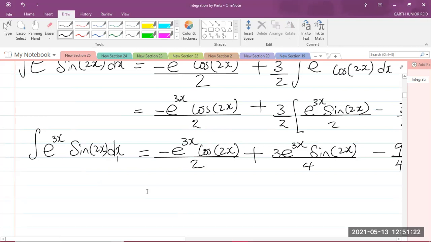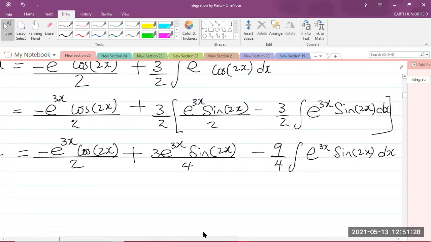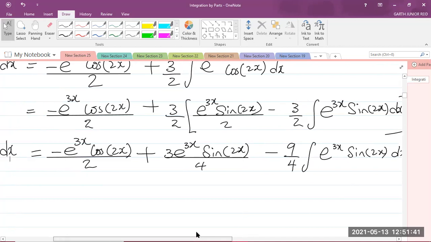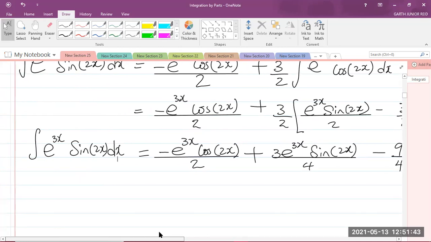Okay? Now, let us do some observation. On the left-hand side, we have the integral of e to the 3x sine 2x. And on the right-hand side, we also have the integral of e to the 3x times the sine of 2x. So what I'm going to do is just bring the negative 9 over 4 times this integral to the left-hand side of the equation, so that we can simplify.